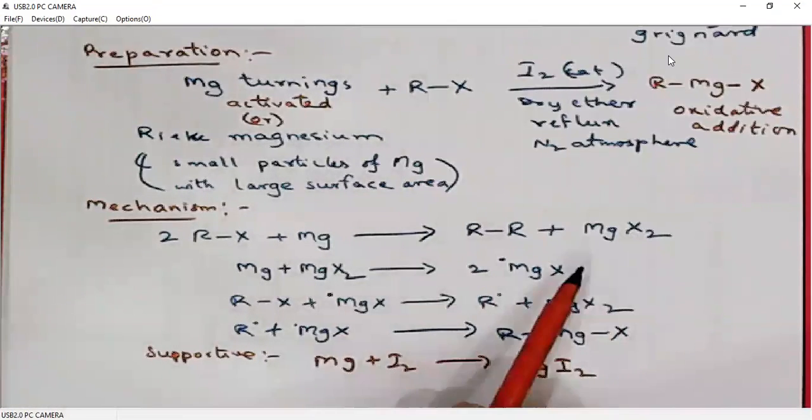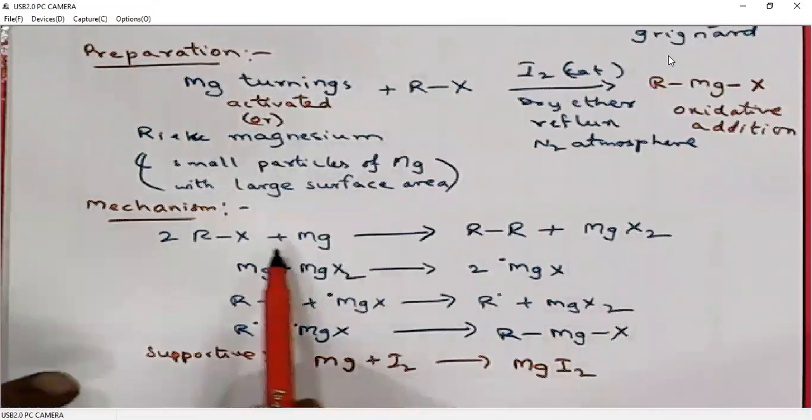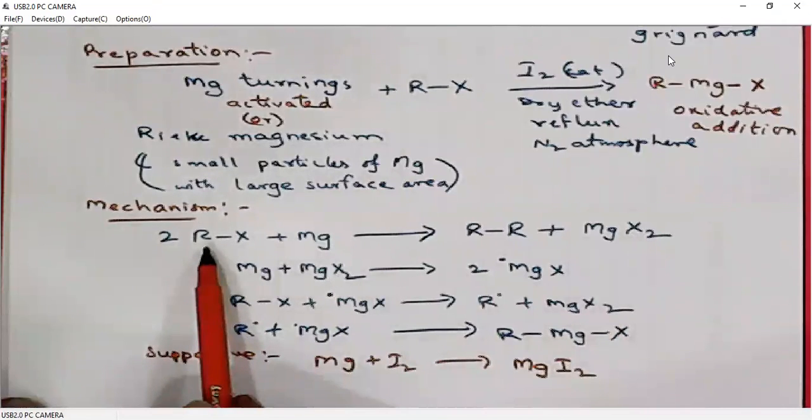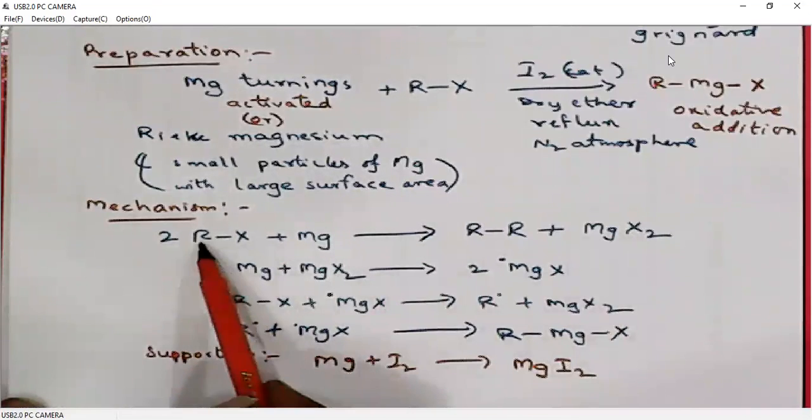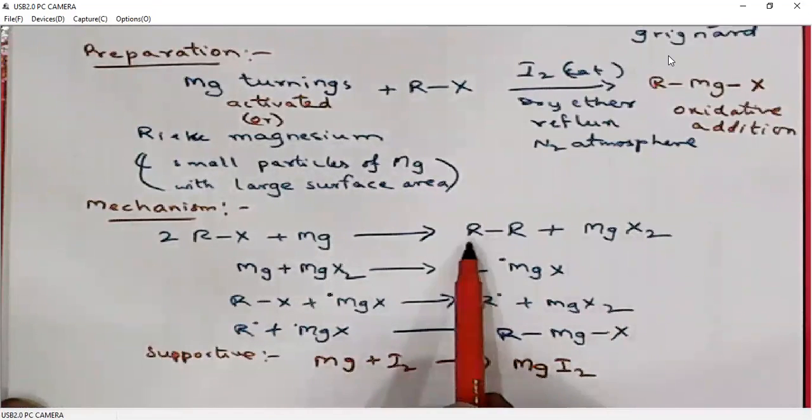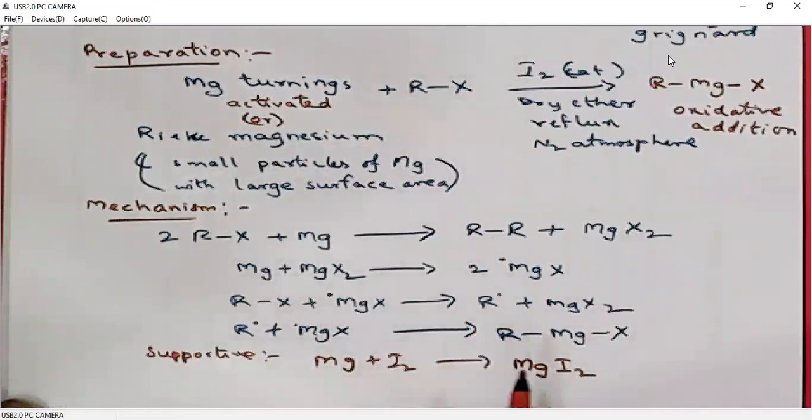How are we generating MgX2? By the reaction between alkyl halide and magnesium. So this alkyl halide is undergoing dimerization. It is a byproduct. It is not useful for us. What is the useful product? The Grignard reagent is the useful product.